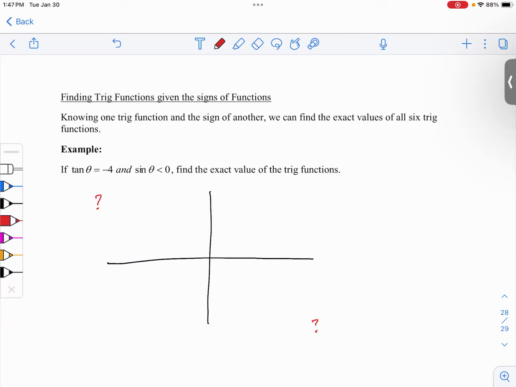Just knowing tangent is negative, because everything is positive in quadrant 1, and tangent is positive down here because negative divided by negative is positive.